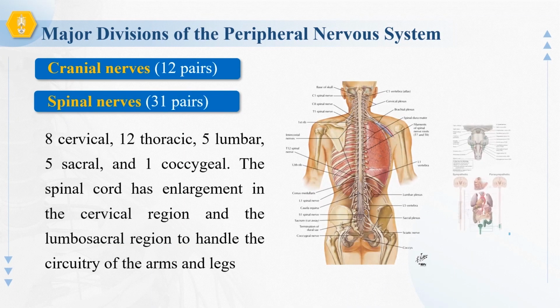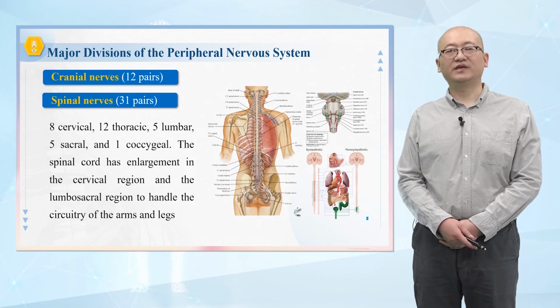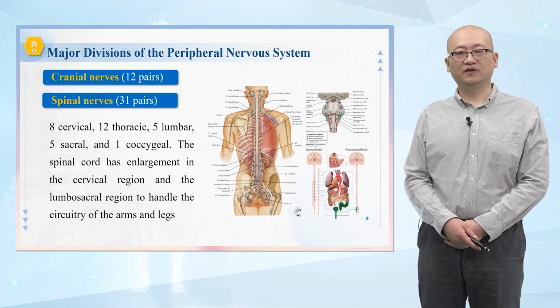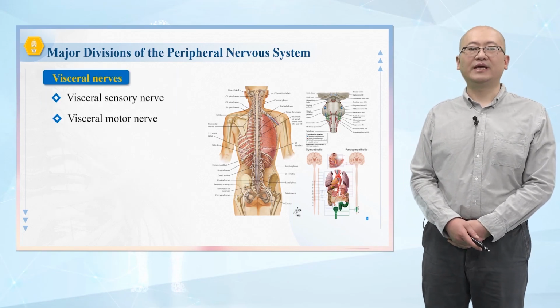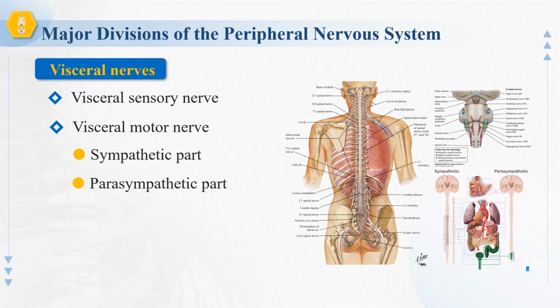There are 12 pairs of cranial nerves and 31 pairs of spinal nerves, which is 8 pairs of cervical nerves and 12 pairs of thoracic nerves and 5 lumbar nerves and 5 sacral nerves and 1 coccygeal nerve. The spinal cord has enlargement in the cervical region and the lumbosacral region to handle the sensation of arms and legs.